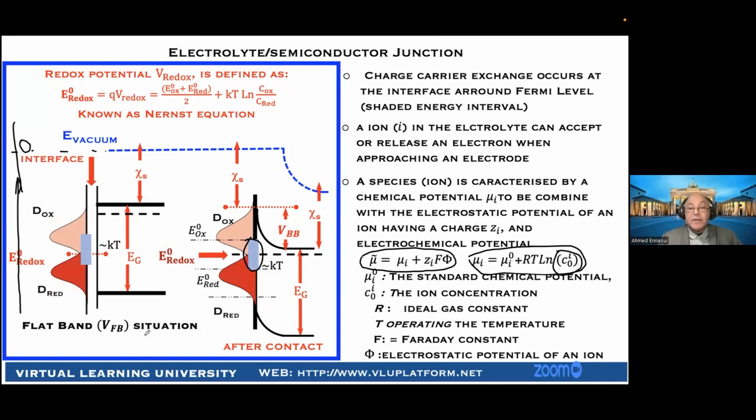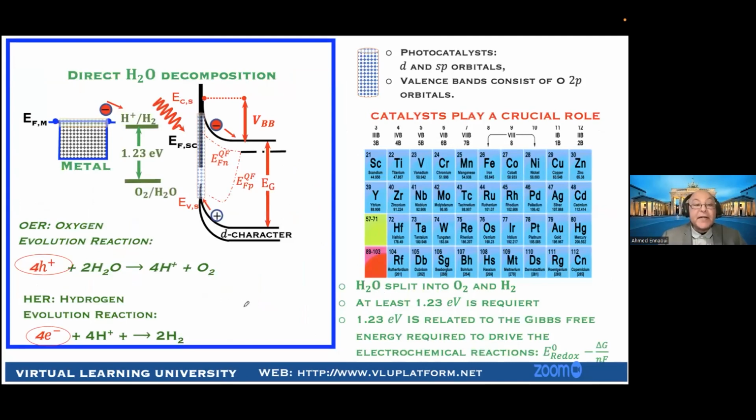Okay. Now let's look just at this semiconductor when there is a contact and it is illuminated. I show you here a very favorable situation where you have the redox levels of water, where the water will be oxidized and reduced, and the difference is 2-3 electron volt.